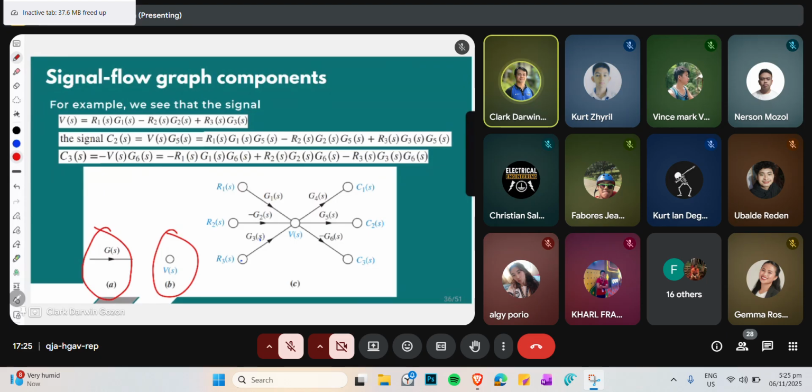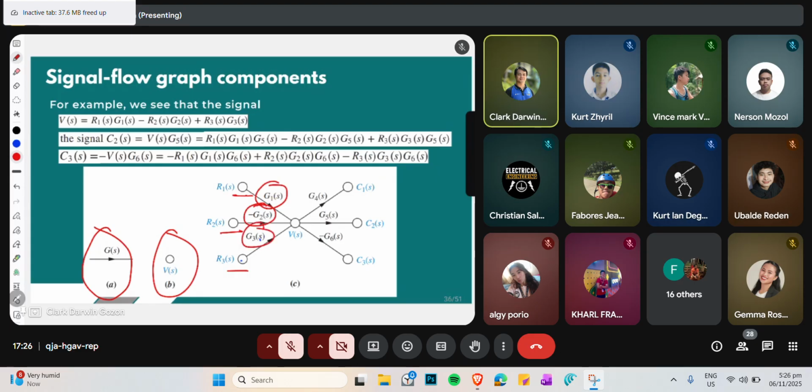The difference is that in a signal flow graph, the flow is the transfer function. The signals are stationary. For example, R1, R2, R3, these are the inputs, and they are stationary. What flows are the transfer functions.